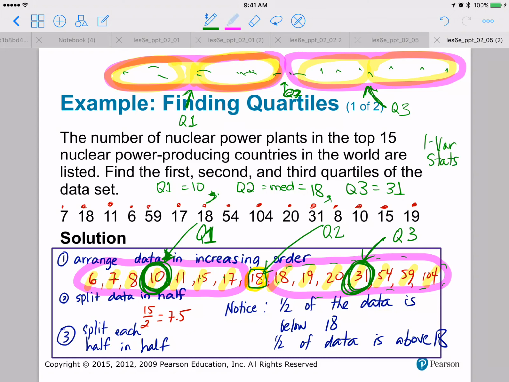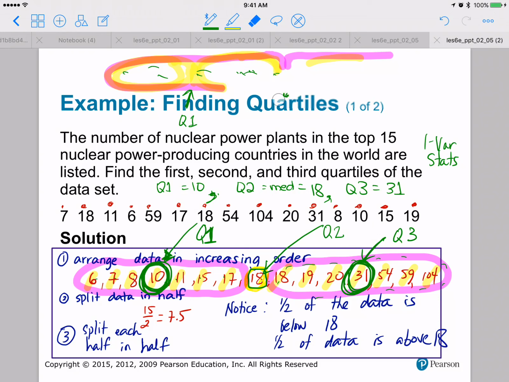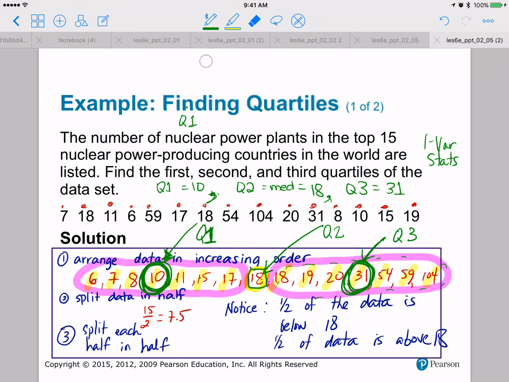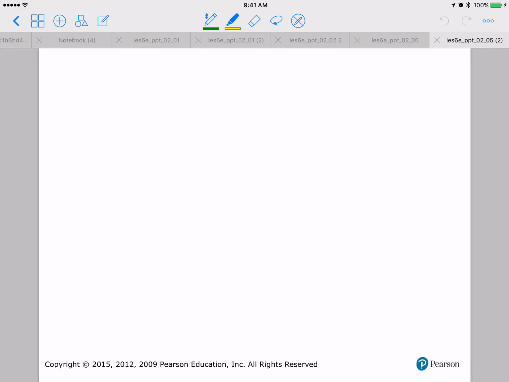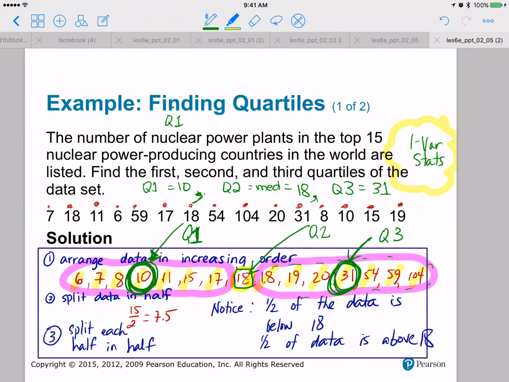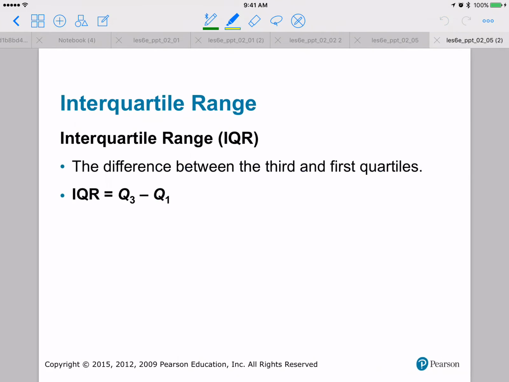So don't forget about 1-var stats. Oh, I should have written the answer on that page. All right, never mind. Here we go.